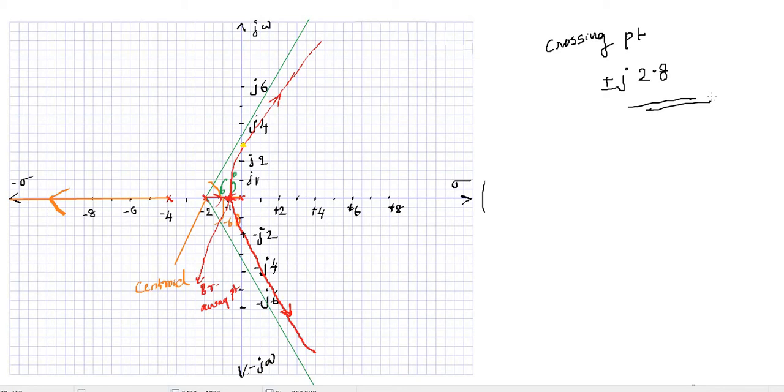The crossing point of root locus with the imaginary axis is plus or minus j 2.8, and the value of k corresponding to that crossing point is 48. So, here we got the value of k corresponding to the crossing point.